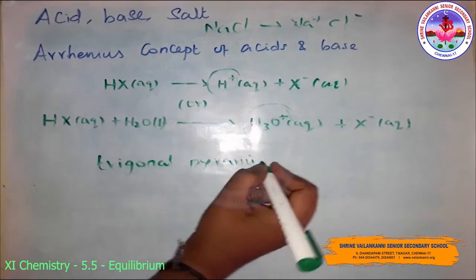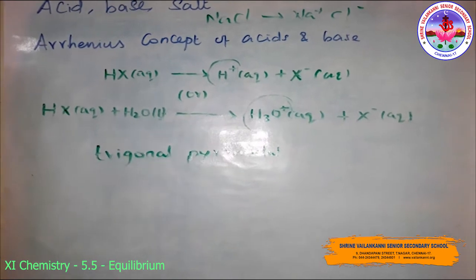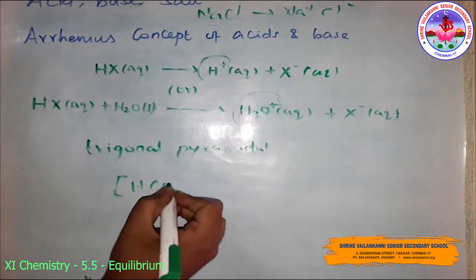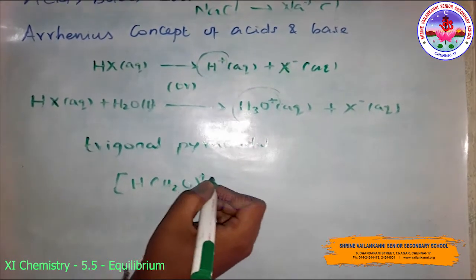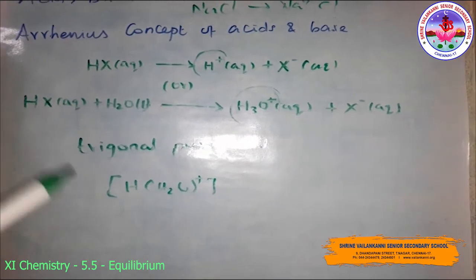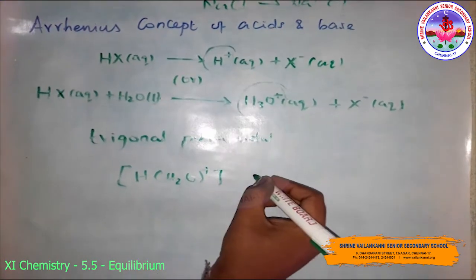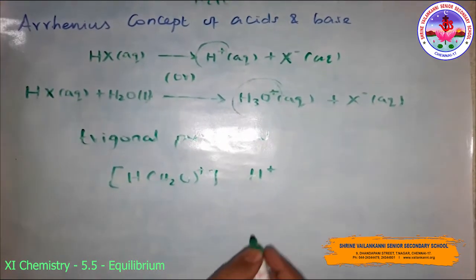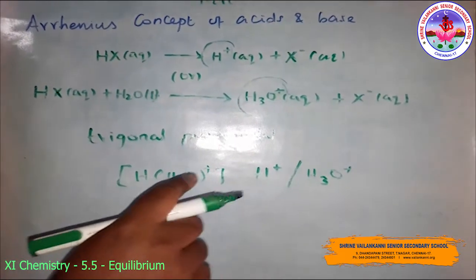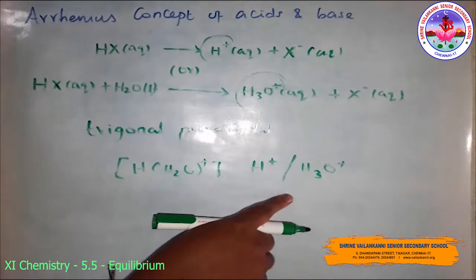You can simply write it as H3O plus. In this topic, we are going to use H plus or H3O plus aqueous interchangeably to mean the same thing, a hydrated proton.